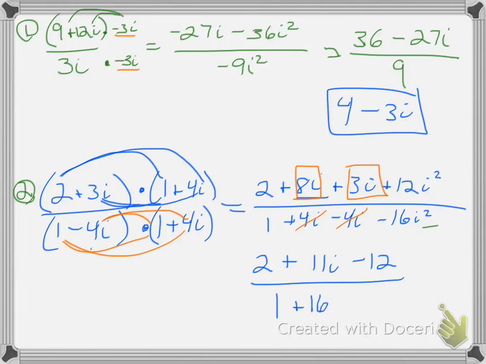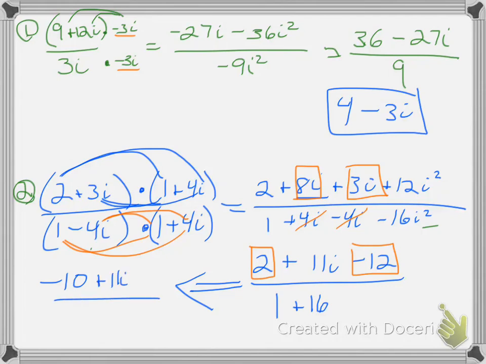Negative 16 times negative 1 is positive 16, so that's plus 16. I'm running out of room, so I'm going to go to the left and combine my like terms. Positive 2 and negative 12 becomes negative 10 plus 11i divided by 17. I've got to check for common factors, but nothing goes into 10, 11, and 17. So my simplified form is negative 10 plus 11i divided by 17.